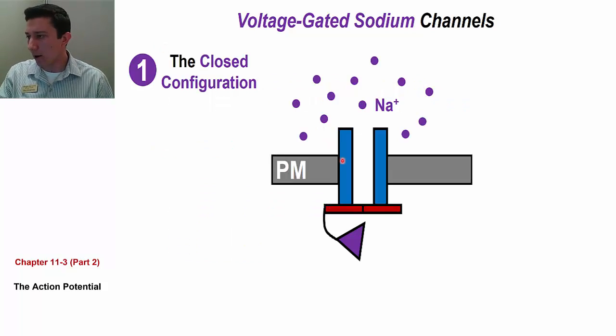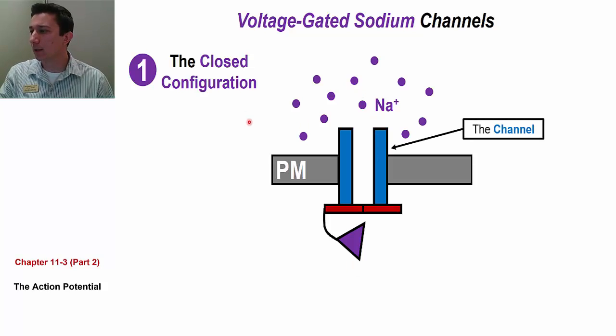So let's look at our very beautiful voltage-gated sodium channel that I've illustrated here in PowerPoint. We have our plasma membrane here, so it's embedded within our plasma membrane, and it has a channel through it, through which sodium, when this channel is opened, can diffuse from the outside of our cell, which is the top part of our plasma membrane here, into our neuron at the bottom part of our diagram. And these essentially have two pieces.